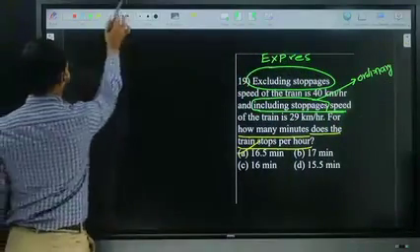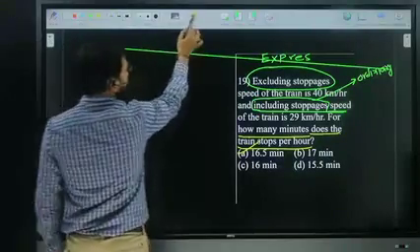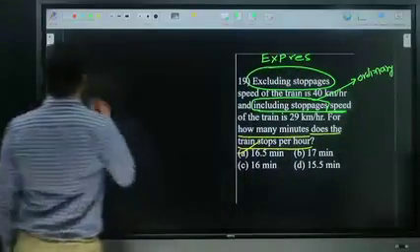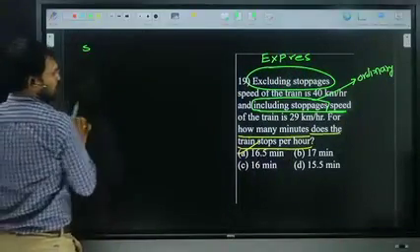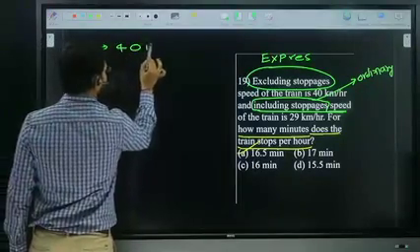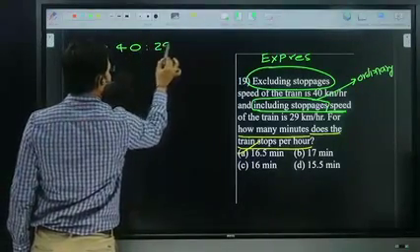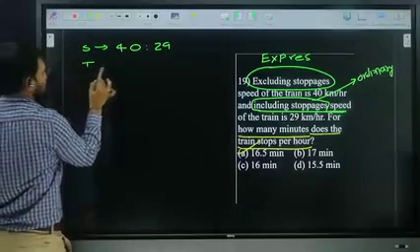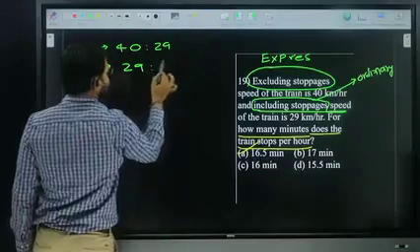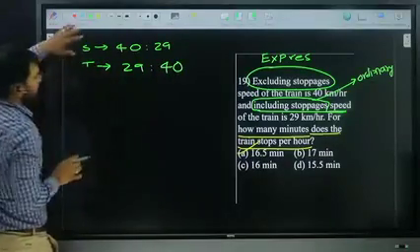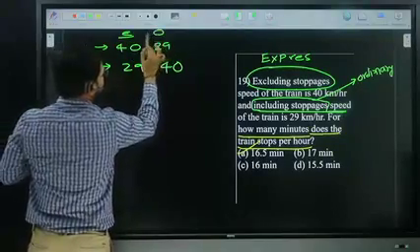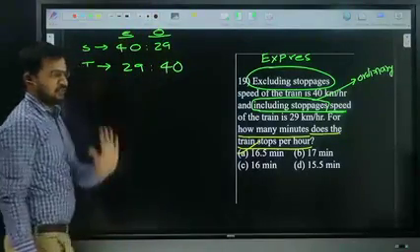Here they gave the speeds ratio, 40 is to 29. Therefore the times ratio is 29 is to 40. That is, the express train takes 29 parts of the time, the ordinary train takes 40 parts of the time.